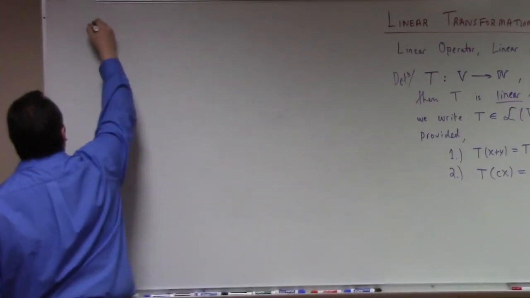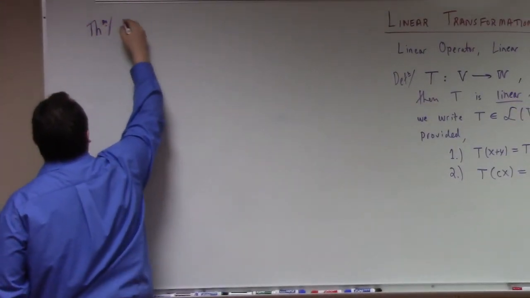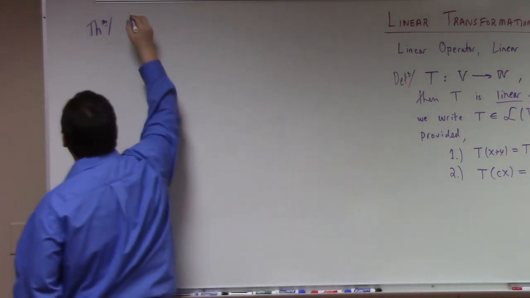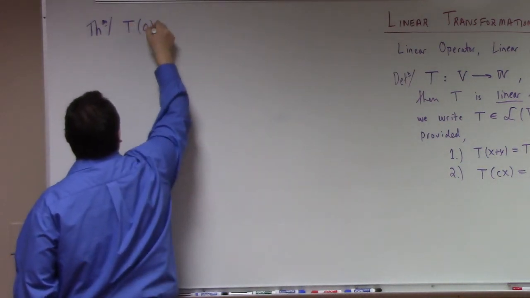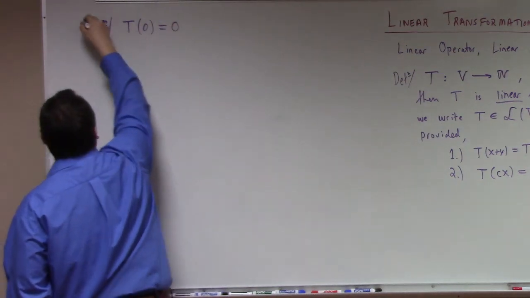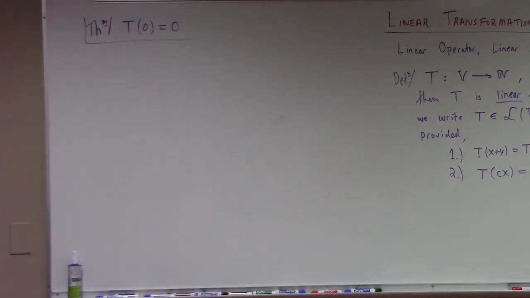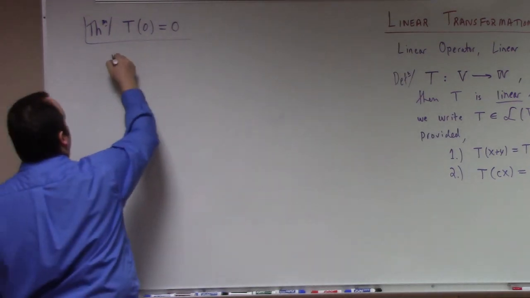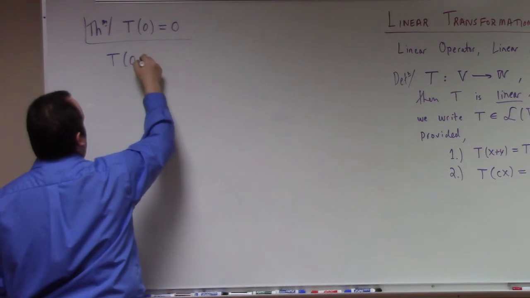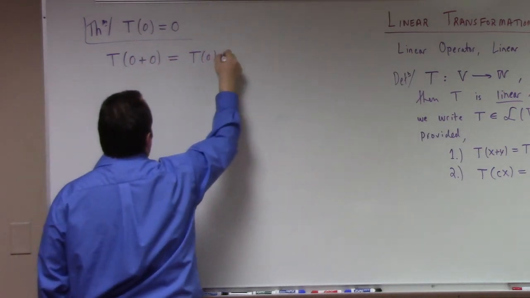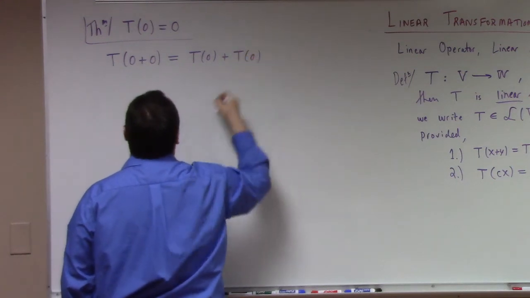Our next theorem is that, again, T as in the definition, okay? T of 0 is equal to 0. How would we prove this? How about this? T of 0 plus 0 is equal to T of 0 plus T of 0 by additivity, right?